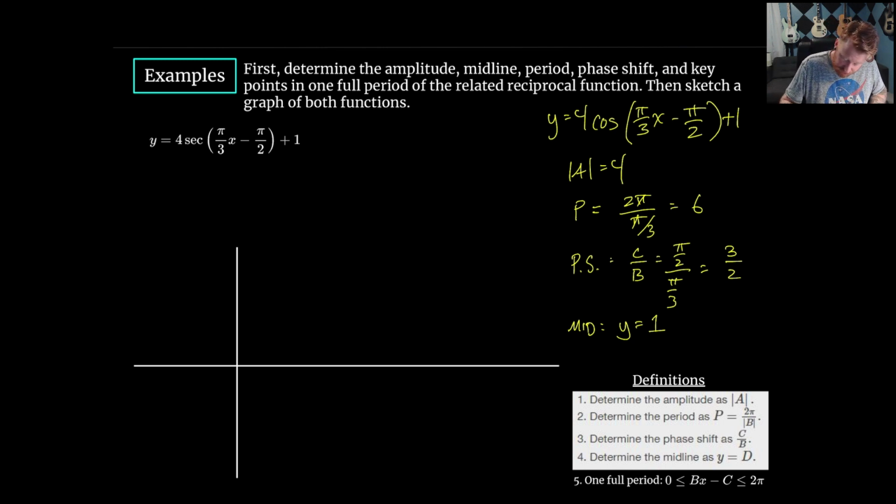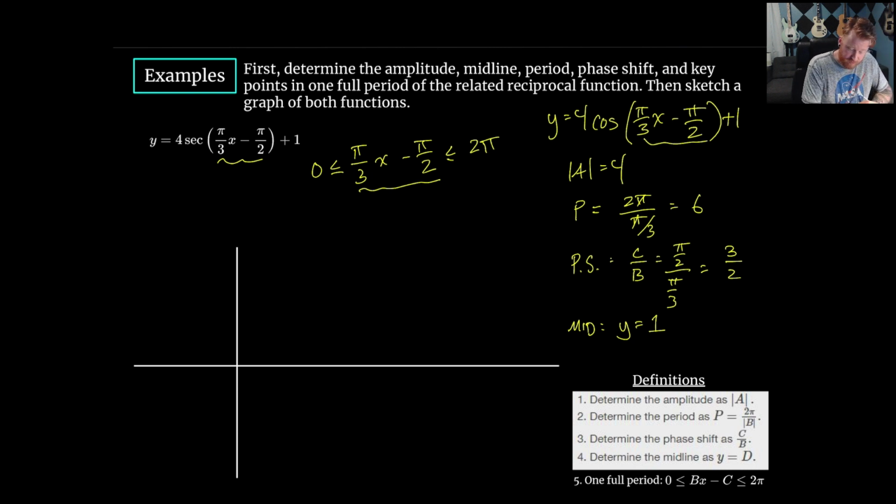So we're going to use 0 less than or equal to bx minus c, the argument of our cosine function, pi over 3 x minus pi halves, less than or equal to 2 pi. So we're sandwiching our argument, the same one in both spots, between what 1 full period would be, which is 0 and 2 pi.